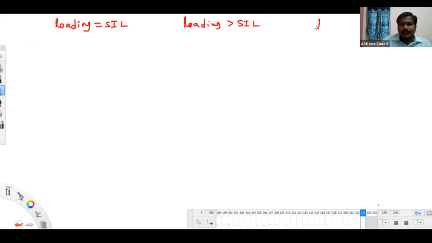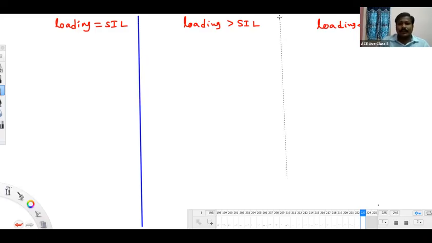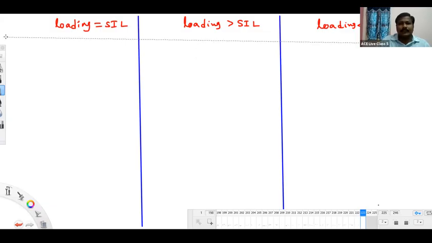And the last one is loading less than SIL. Kindly adjust with this corner term. So kindly tell me, ZL compared to ZC in all the three cases.